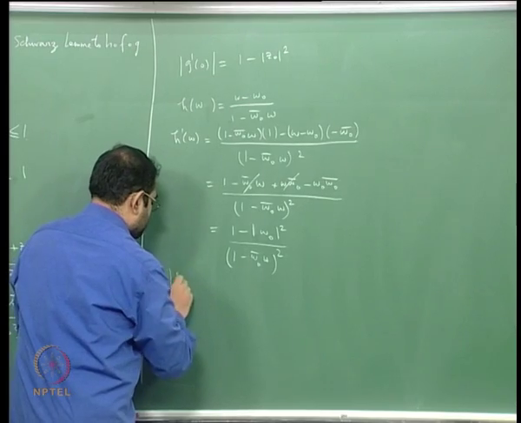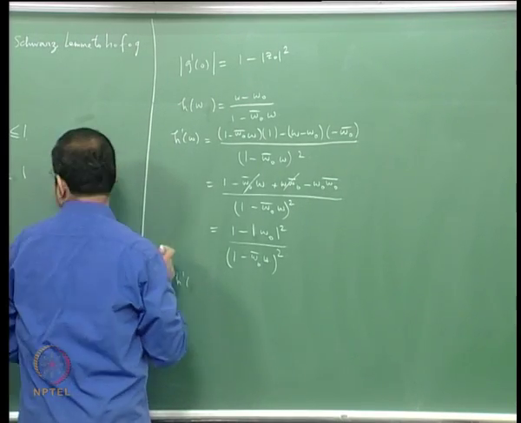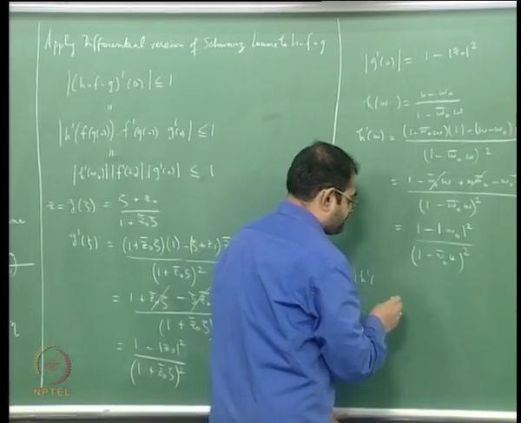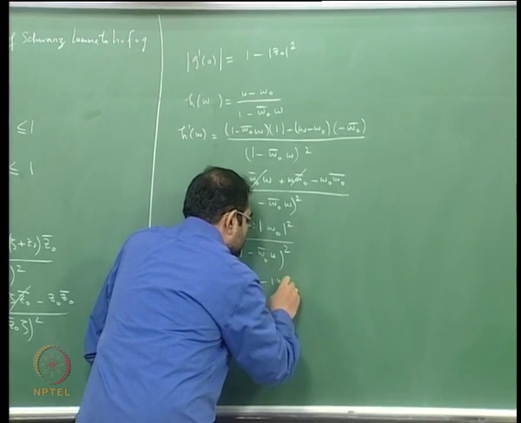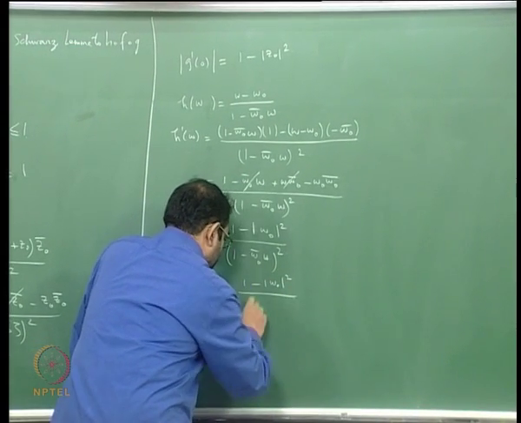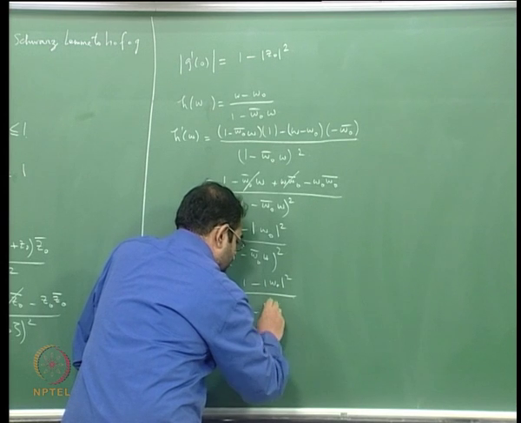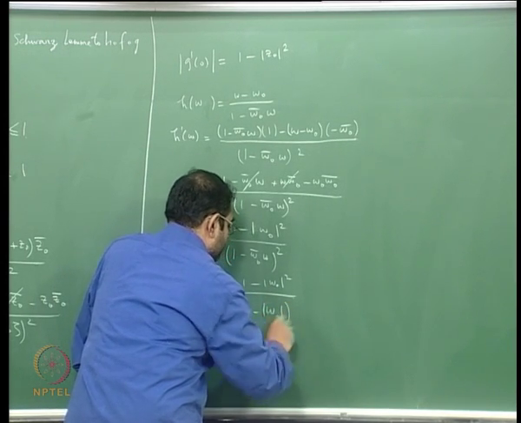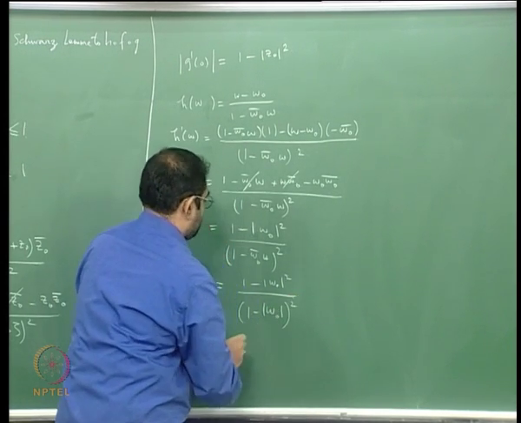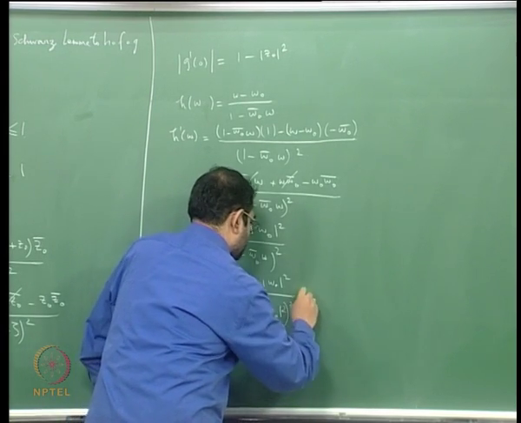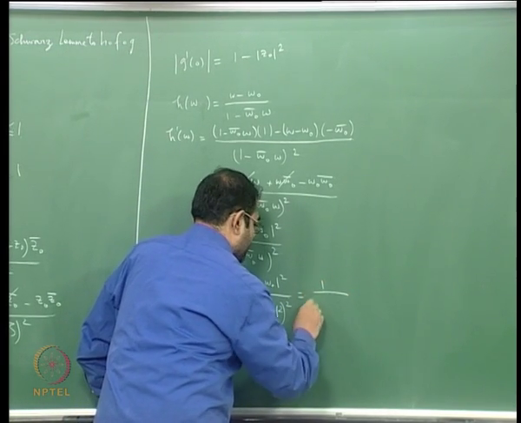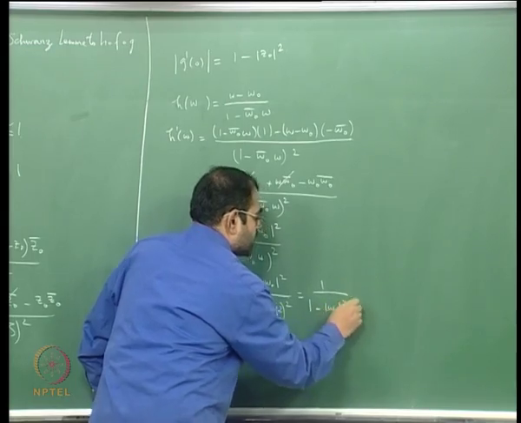So mod h dash of w0, and that's right, I should get this 1 minus mod w0 squared.